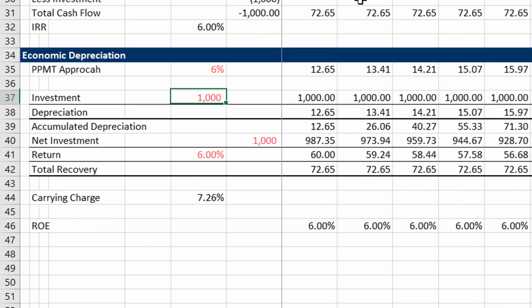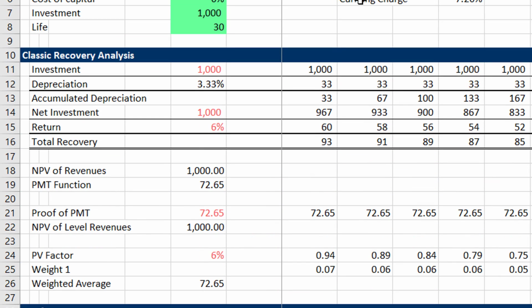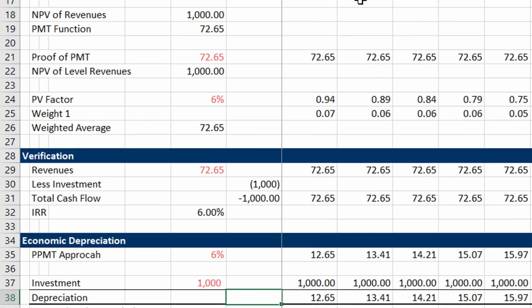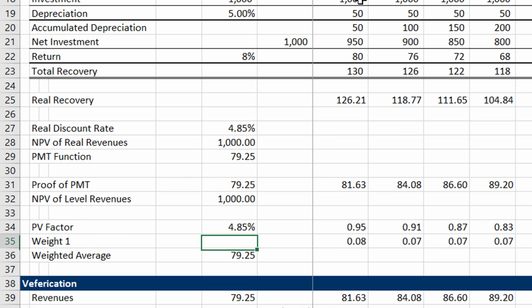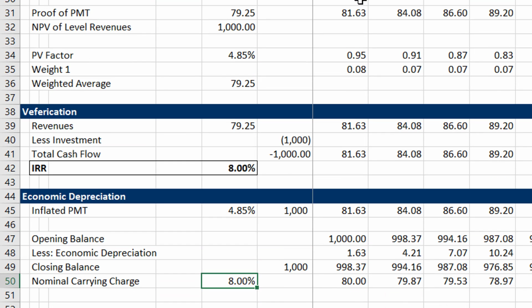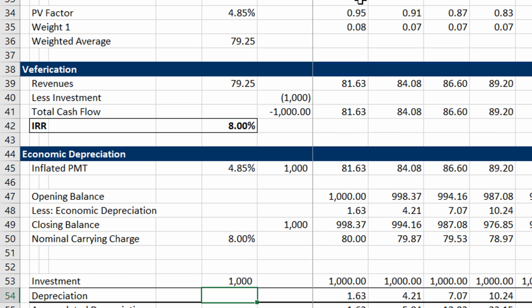We took the investment, and our depreciation was from our payment that we made up here. This was a cost of capital. I'm sorry, I should have done it with inflation. This is the next sheet. So we have the real rate, and then we put our economic depreciation down here somewhere.